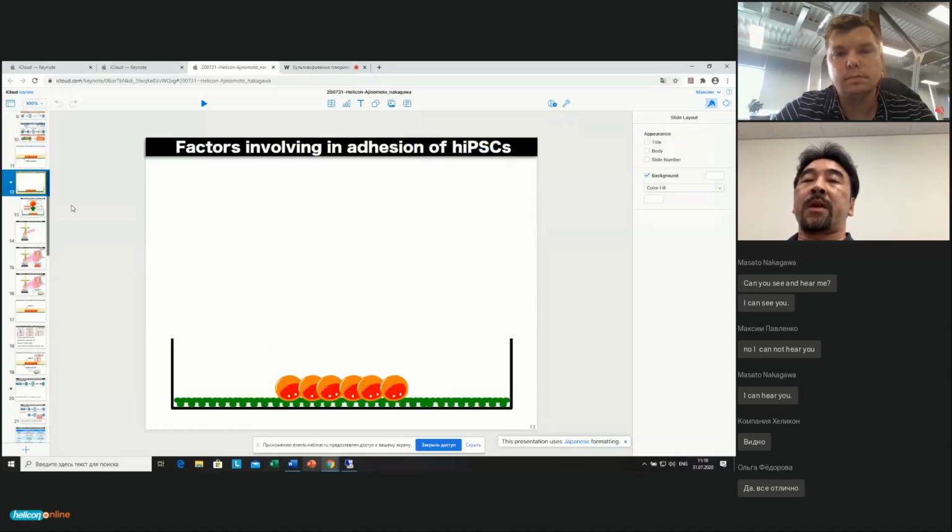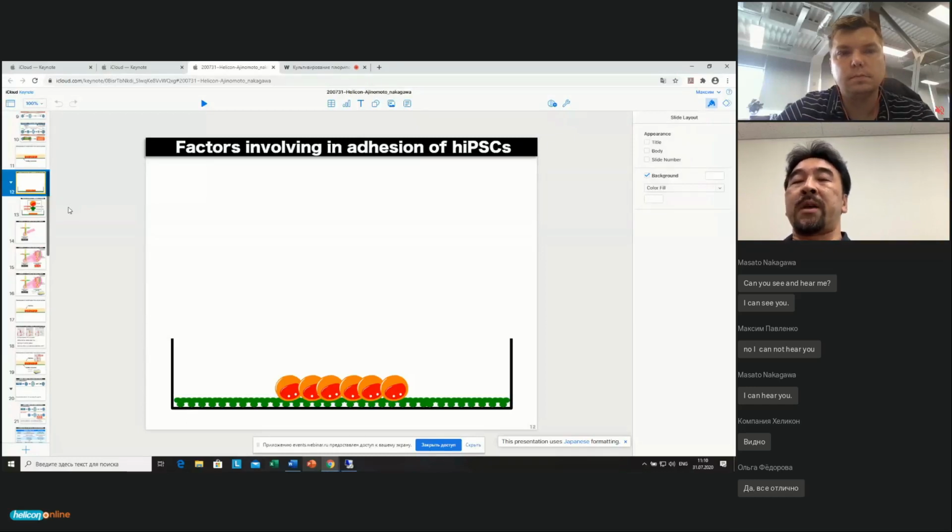This is an image of the feeder cell culture system. The cell dish is coated with green colored coating materials such as recombinant protein or some polymers, and then iPS cells or ES cells are plated on these coating materials.